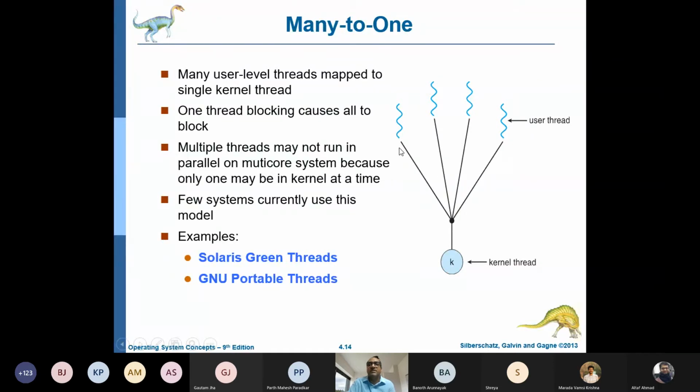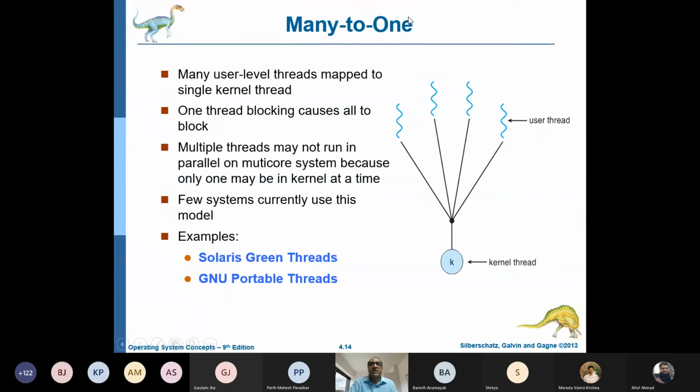That means you can run this thread for a certain amount of time, and before it needs IO, you can switch to some other thread and run the second thread. Likewise, based on the user thread library functions, you can schedule these threads so that you postpone the blocking to some extent, or if it is blocked, by some mechanism the other threads can be scheduled instead of stopping the whole process.